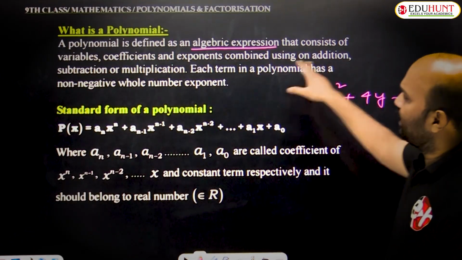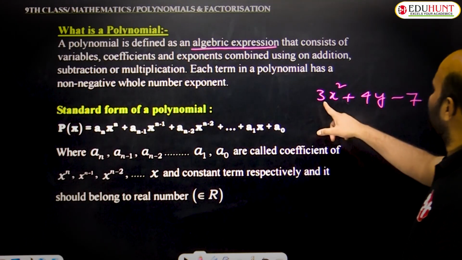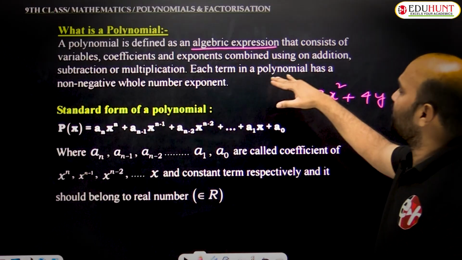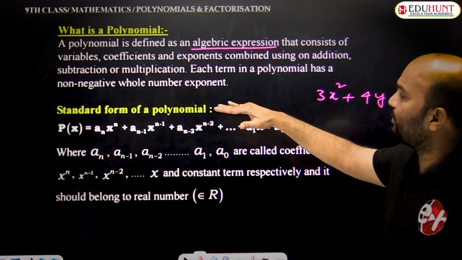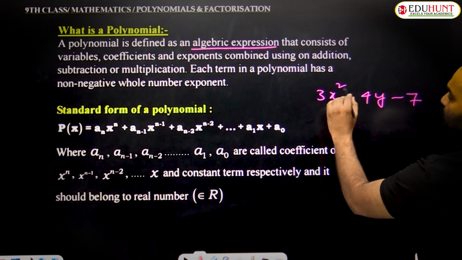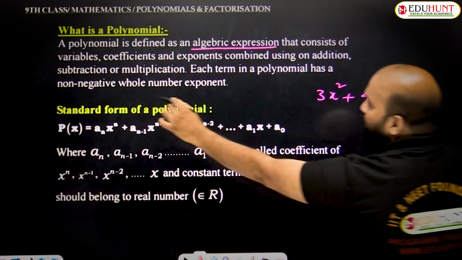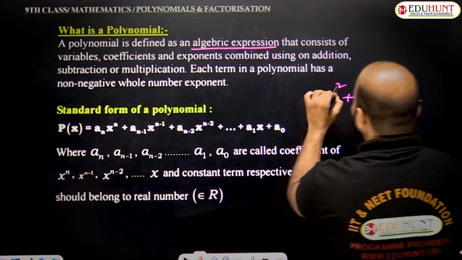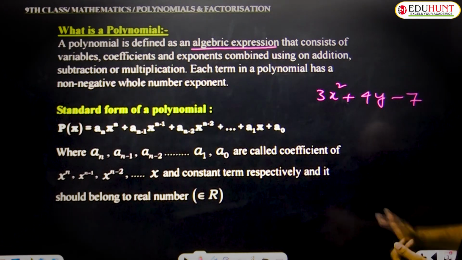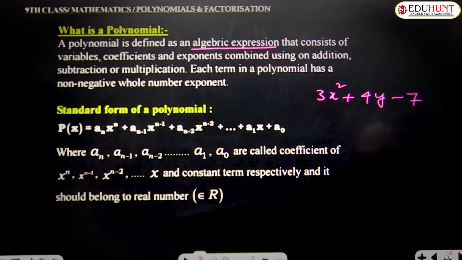Am I clear? Sometimes it is 3 into x square, which is multiplication. Each term in a polynomial has a non-negative whole number exponent. The exponent cannot be taken as negative, so exponents should be positive integers. This is an example of a polynomial.